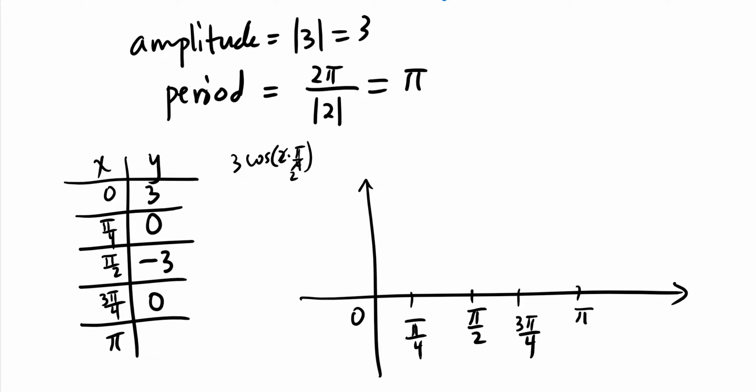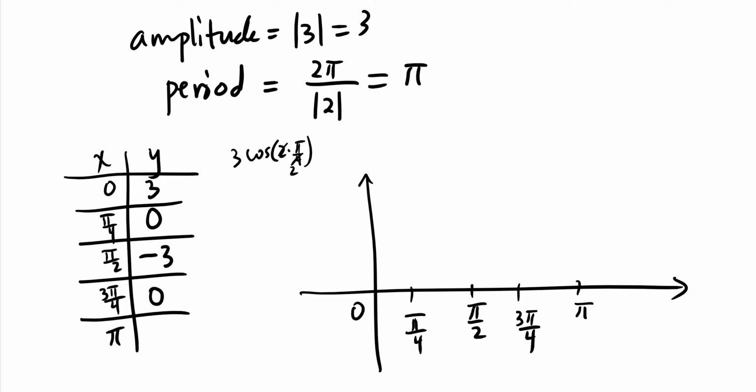And this one, cosine 2 pi, that's a 1, so that's a 3. So 3, 0, -3, 0, and 3. So it's going to start here. That's the y-axis. That's the x-axis. Pi over 4, 0. This one is -3, so it's going to go down here. Then 0, then again up to about here.